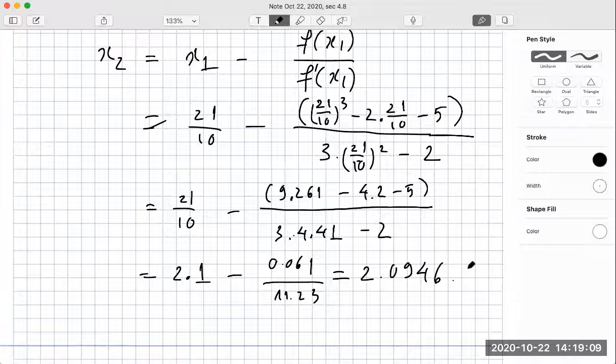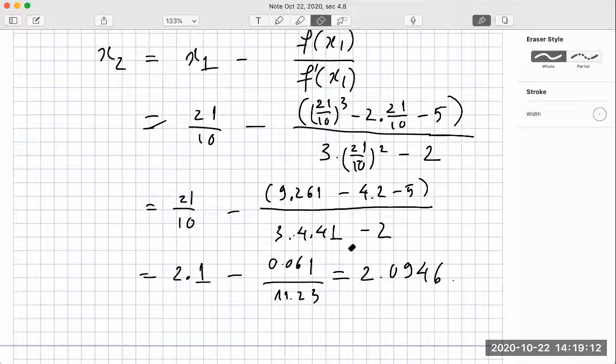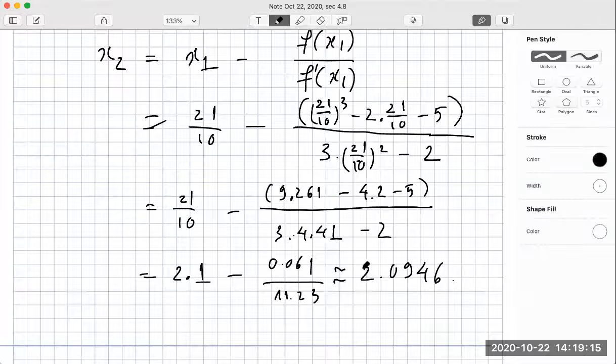So finally, it will be approximately 2.0946, right? Double check it if you have the same solution. You get it? Very good. Then it's not very difficult, right? Just use the formula, apply it.